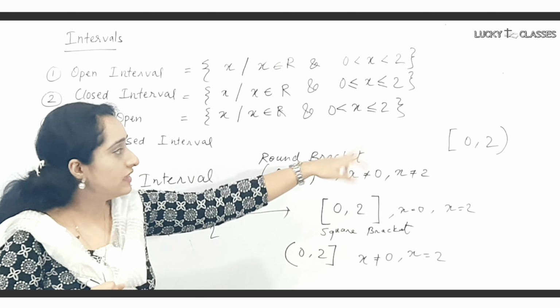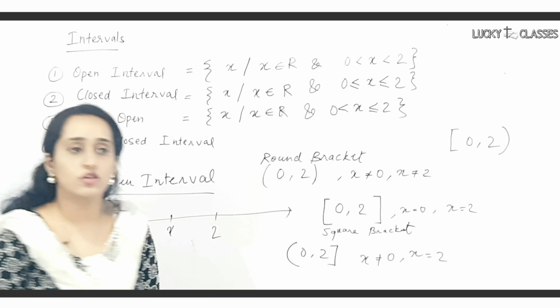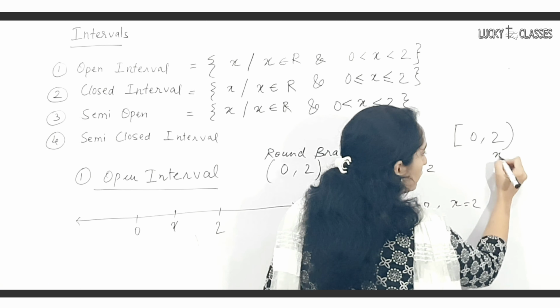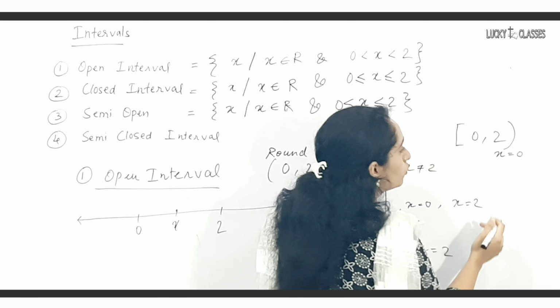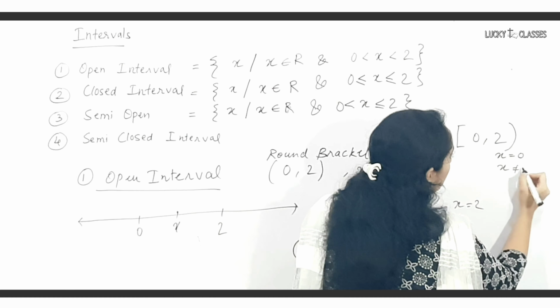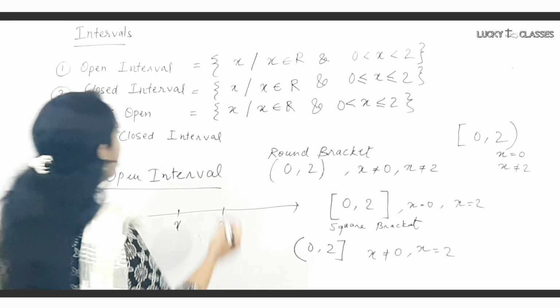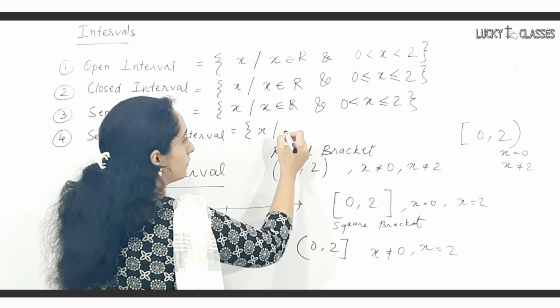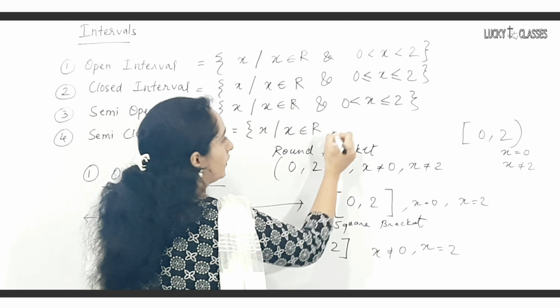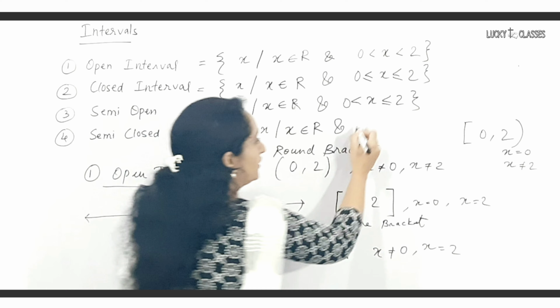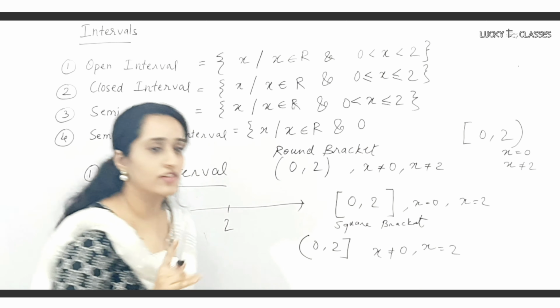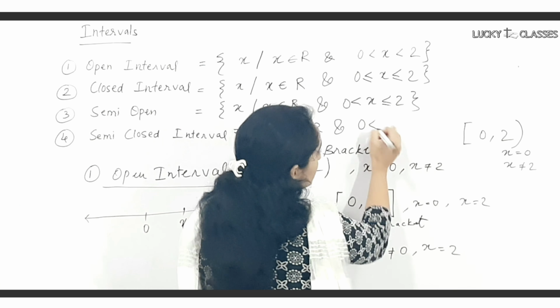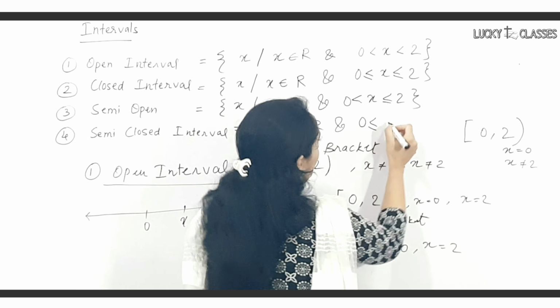Okay. So in that case, is x equal to 0? Yes, ma'am. Okay. Is x equal to 2? No. Then how will I write it in set builder form? One by one. Less than, okay, less than equal to x.